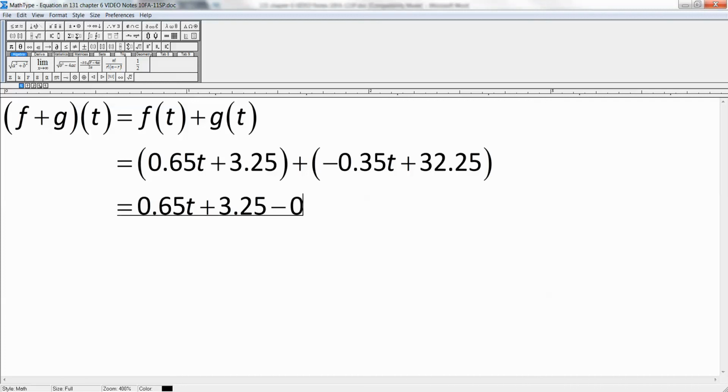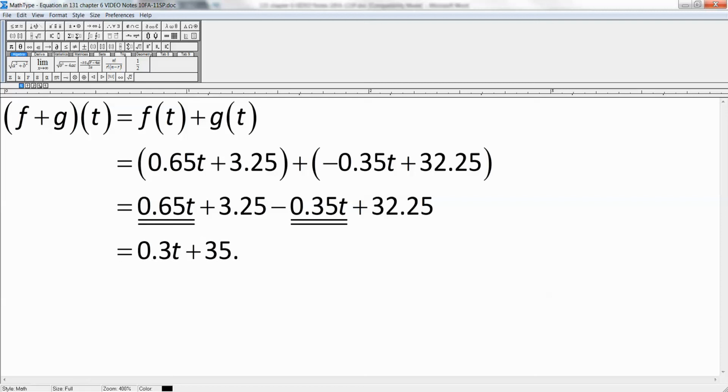Okay, minus 0.35t plus 32.25, and then we're just going to combine like terms. 0.65t take away 0.35t right there means that together we get 0.3t plus, and then that makes 35.50, I believe, if you add these two numbers up. Again, you could just use your calculator to help yourself.